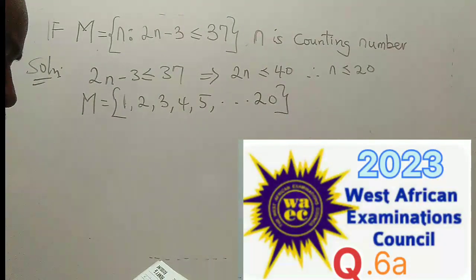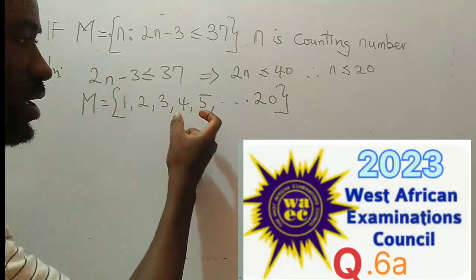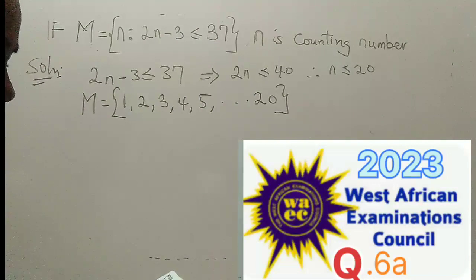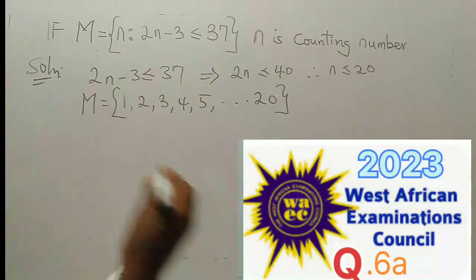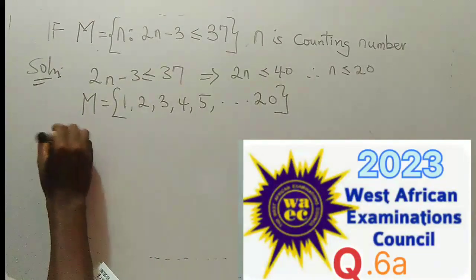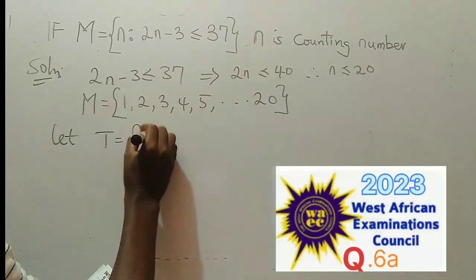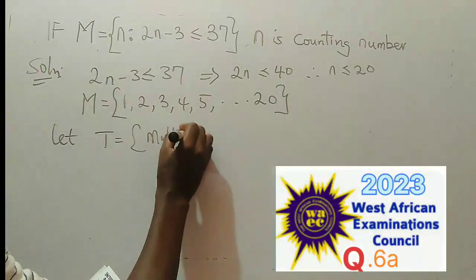It said if a number is selected at random from N, so if we pick a number from this N, the question is saying what is the probability that it is a multiple of 3? Okay, so let T be equal to the set of multiples of 3.